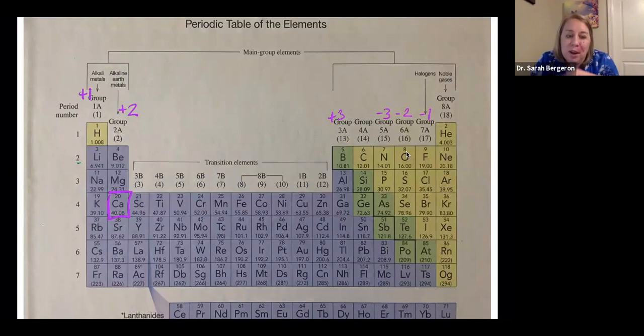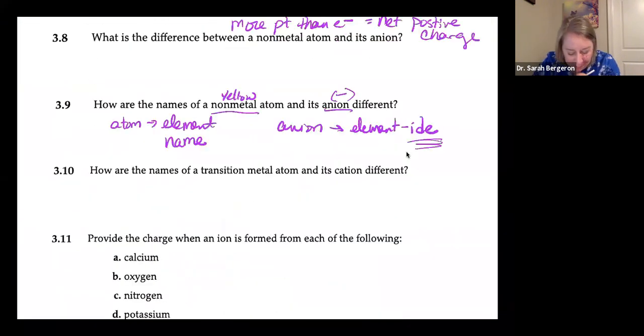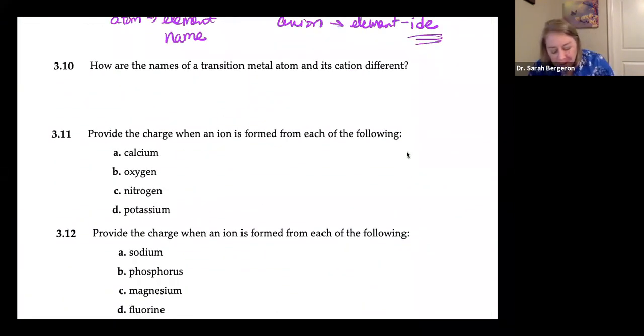But don't use the one that you've written all over to do homework, because you want to practice like it would be on an exam. Okay, so calcium is in group 2, so that is going to have a +2 charge.